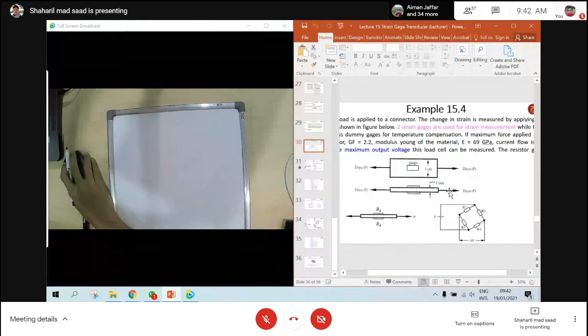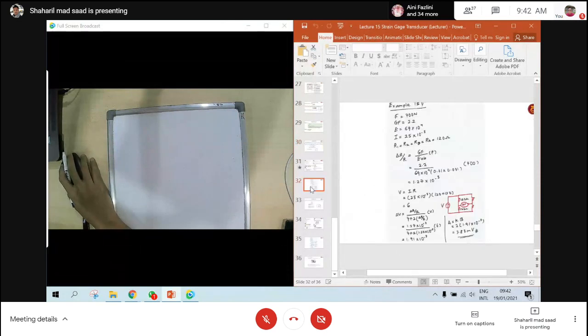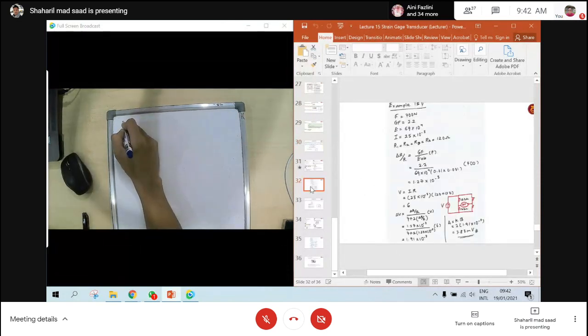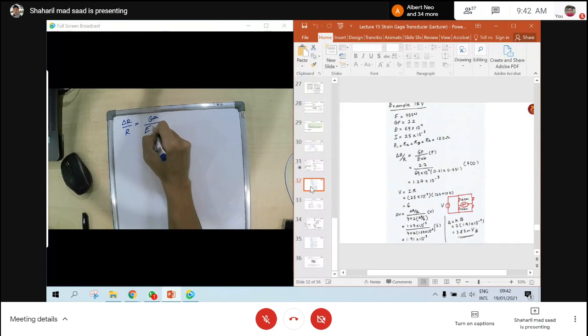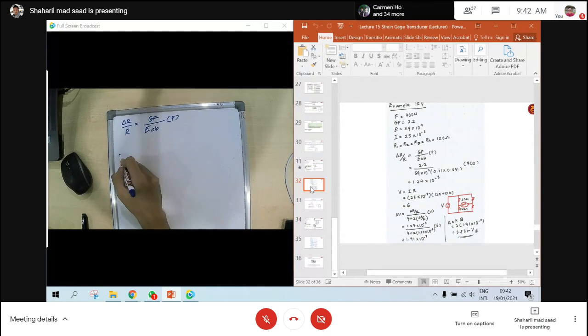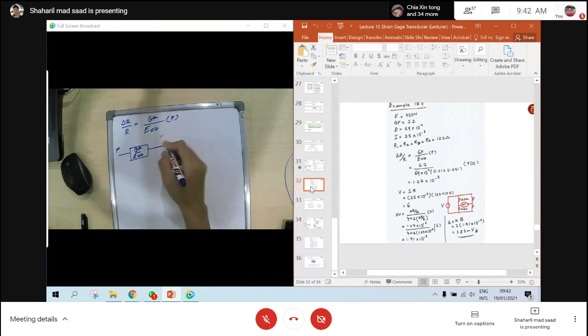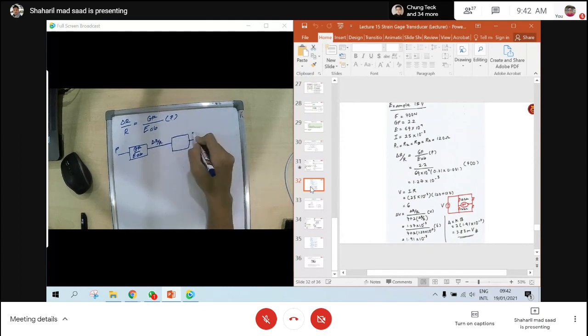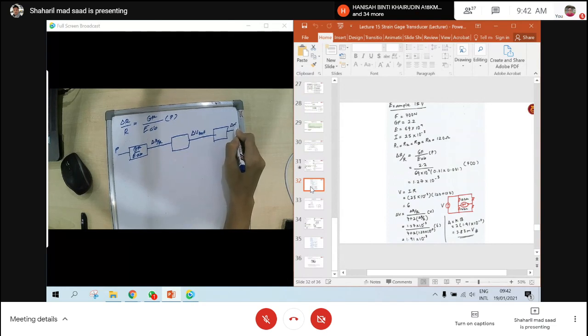This is your object, you push there. It's like your load cell, it's not a bending load cell. So the formula for the load cell, delta R over R is GF over EAB times the force P. So right now, you get P GF over EAB. We get delta R over R, and then after that you can get delta V half, and then after that you can get delta V full.